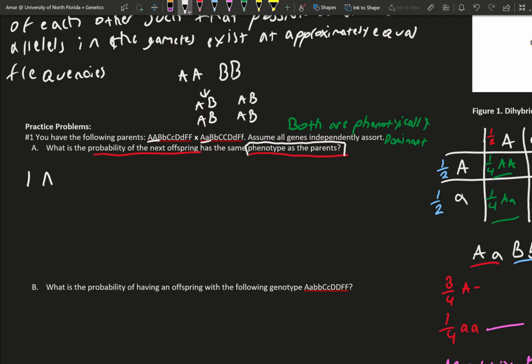To get big B little b with big B little b, the probability of getting the big B phenotype is 3/4, and then 1/4 chance to get little b. Big C with big C little c, the probability of getting a big C phenotype is 100%.